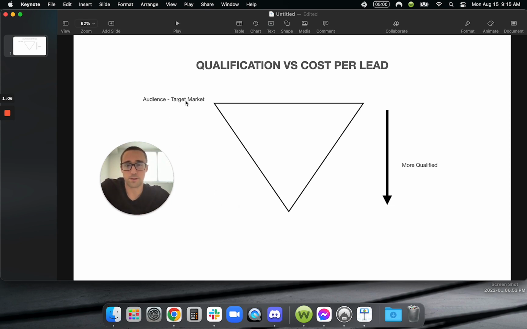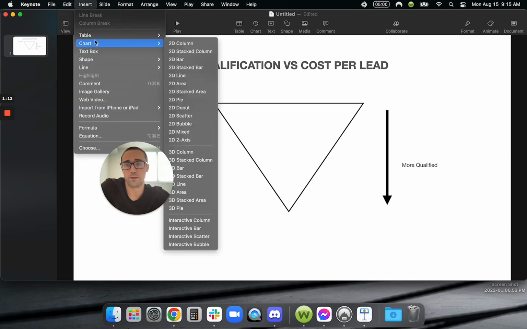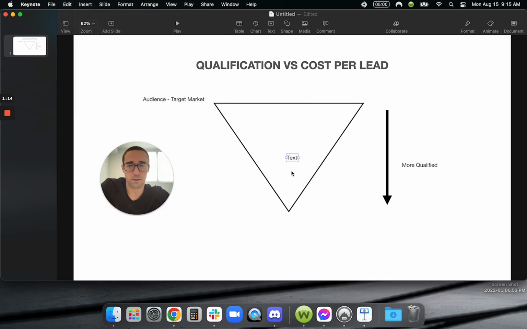So this is the target market. And if you go down to the very bottom, I'll put in another note here. This is going to be your ideal seller. Okay, so that's going to be at the very bottom.